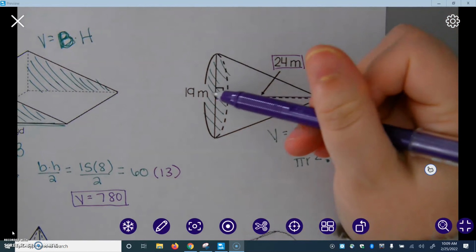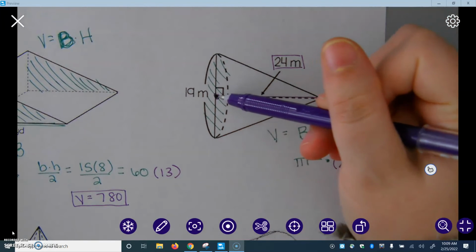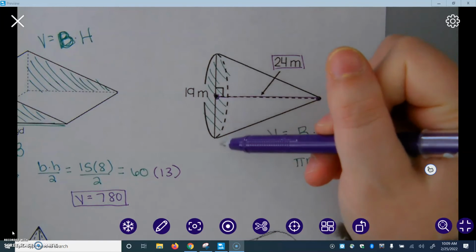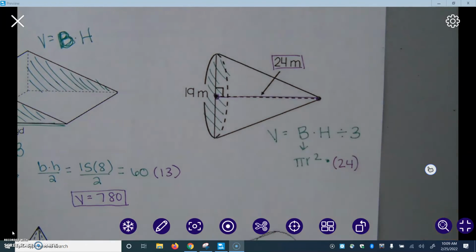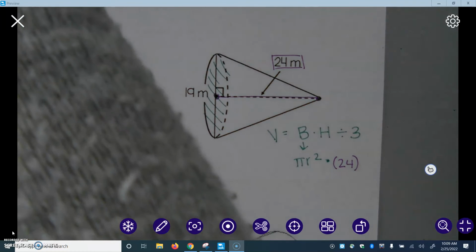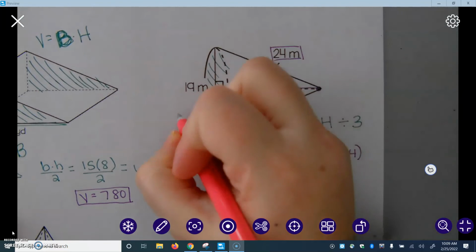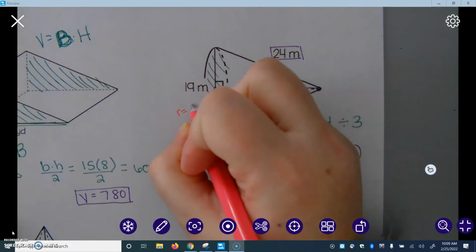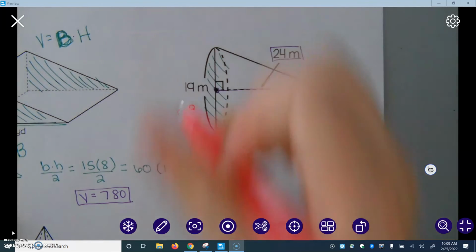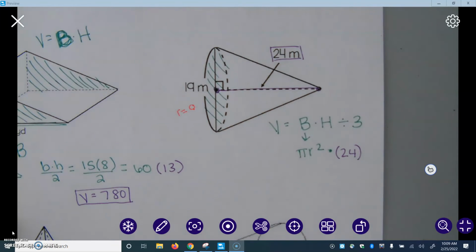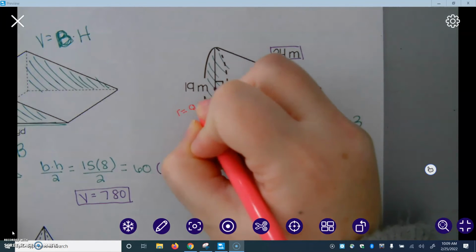And the 19 being at this point means that 19 is the diameter. So what's the radius of this circle? Good. 19 divided by 2 is 9.5.